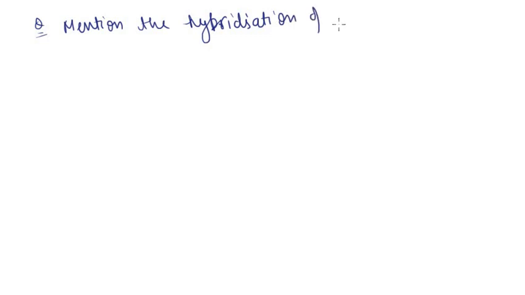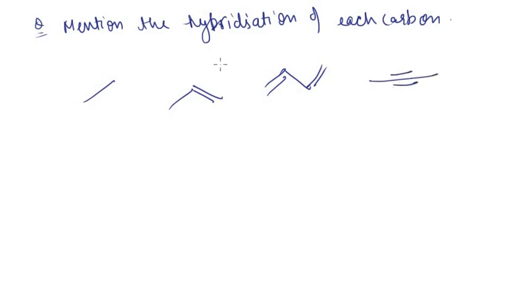Like if there is a question, mention the hybridization of each carbon. We have to mention the hybridization of each carbon. Here it is, here it is, here it is. So again pause the video and answer on your own, and okay, let's see.